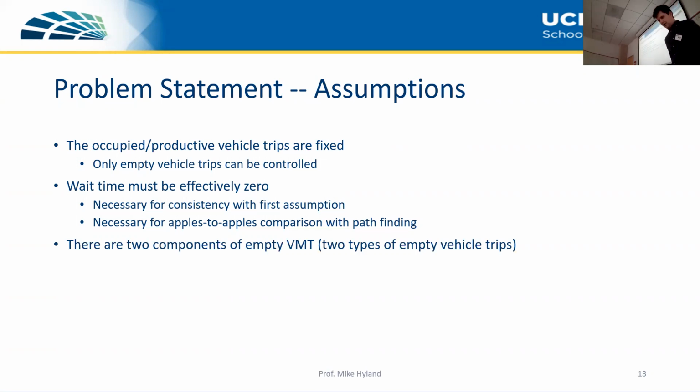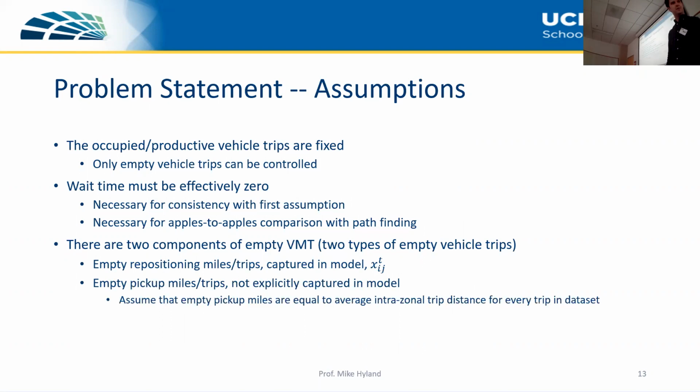Okay, not really an assumption yet, but just a statement. In any mobility on demand service, there are 2 types of empty vehicle miles traveled. The first is the explicit repositioning of vehicles from one zone to another. We capture that in our model explicitly with these XIJTs. But then there are also the empty pickup trips.